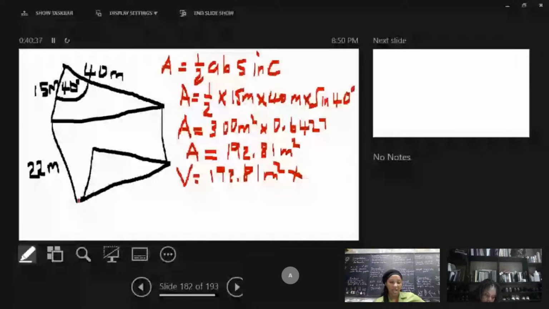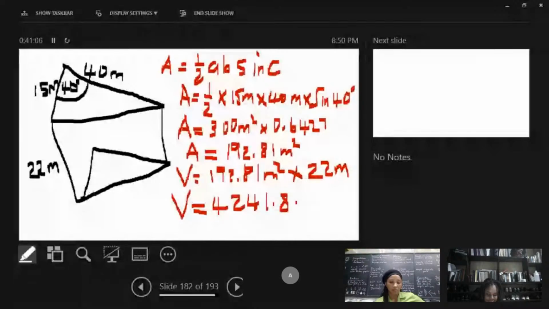The height of the prism is 22 meters. Okay. Multiply those for me and give me the answer correct to one decimal, please. 4,241.8 meters cubed. Oh, yes.